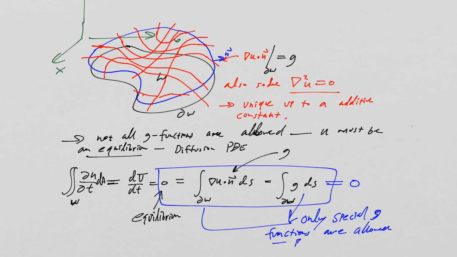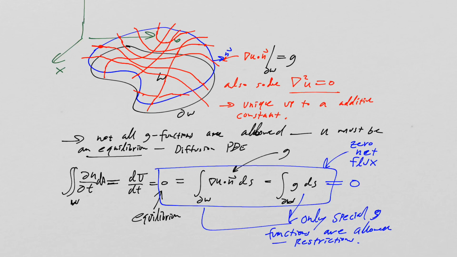So there are some restrictions. It's not as flexible as the Dirichlet boundary condition. However, in many cases, what you're going to be doing is giving a flux condition, and because you're in equilibrium, it must mean that the net flux must be zero.